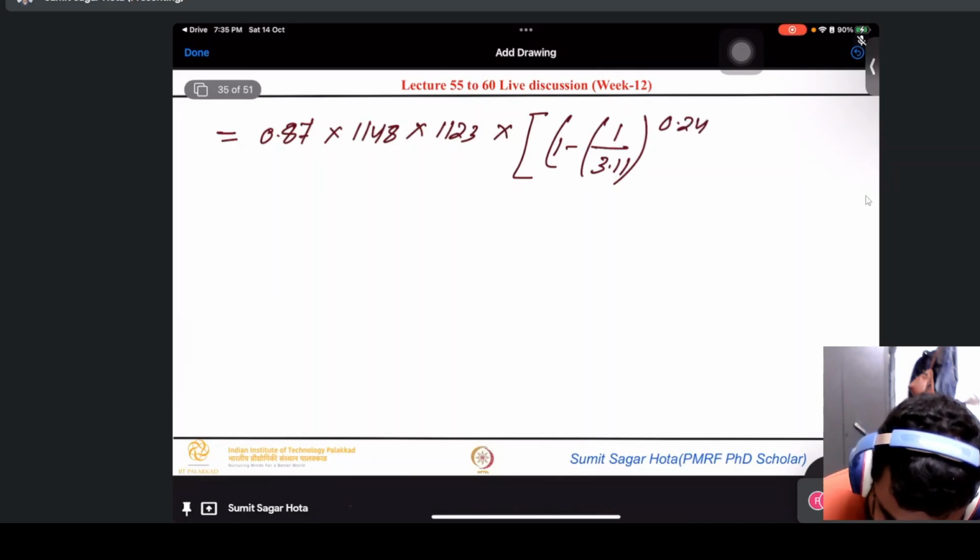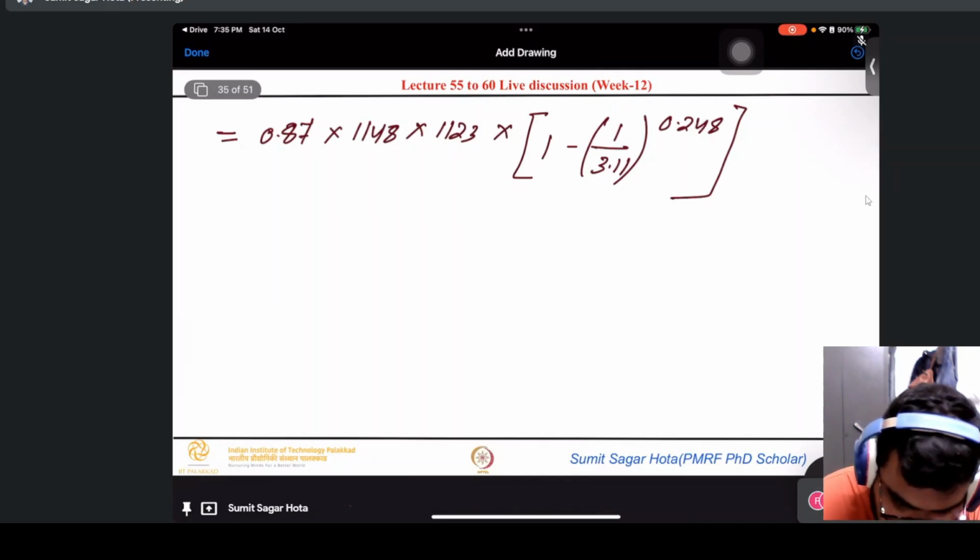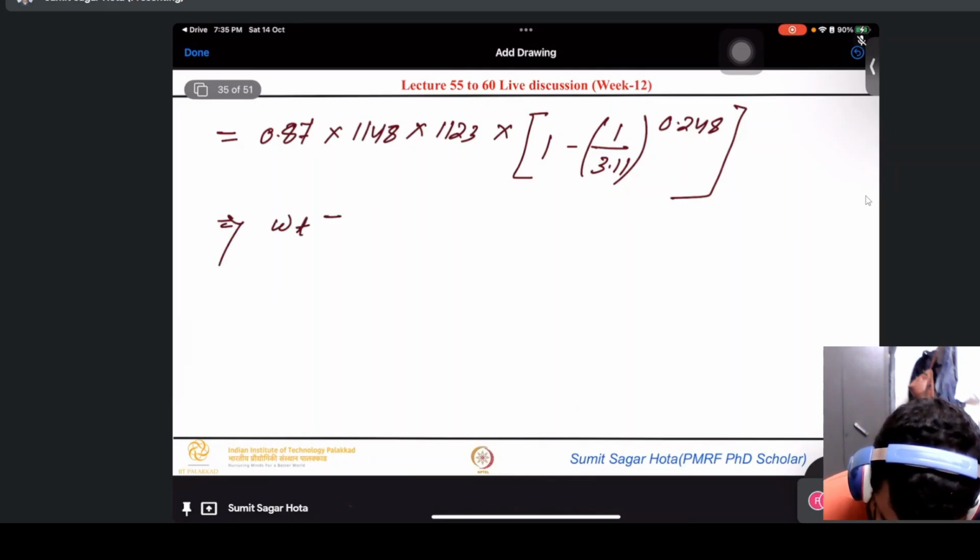If you substitute all these things, you get 0.248, and now by solving you get 276 kilojoule per kg.